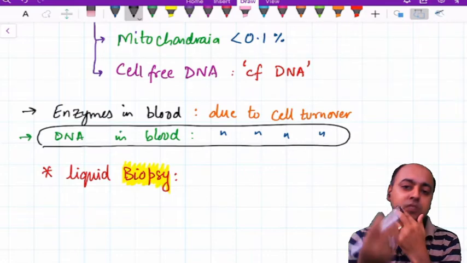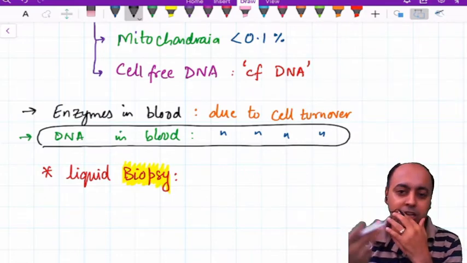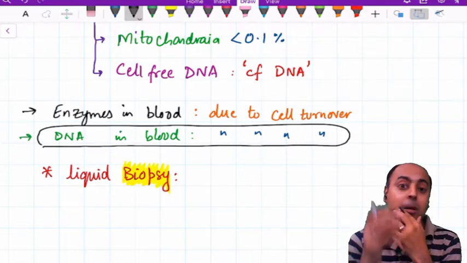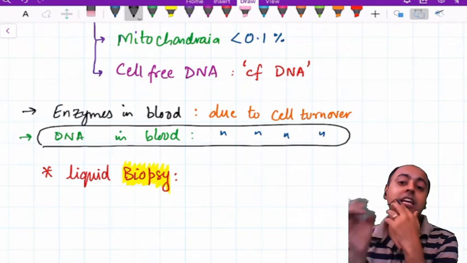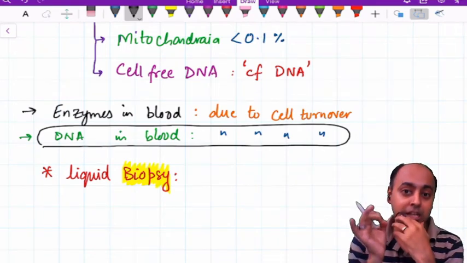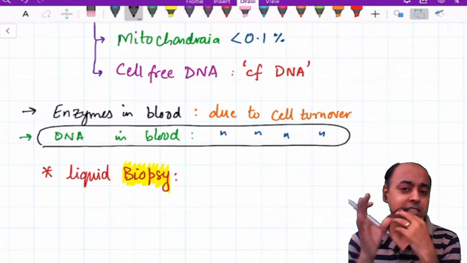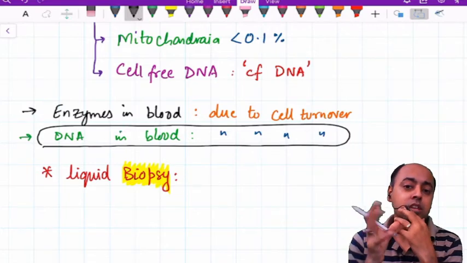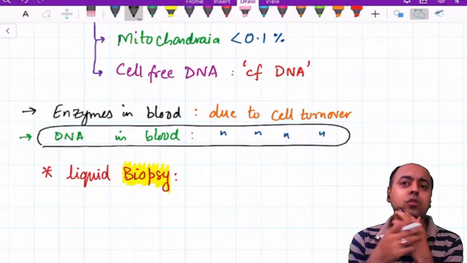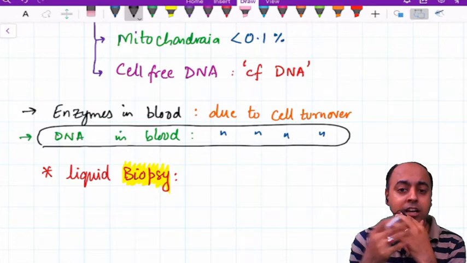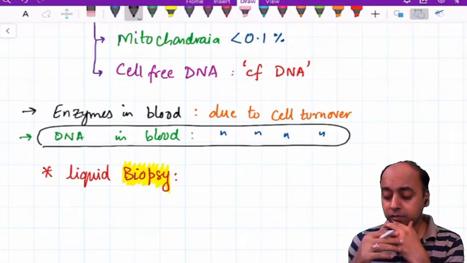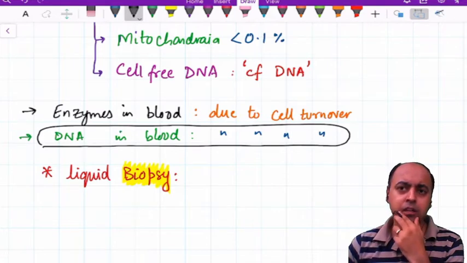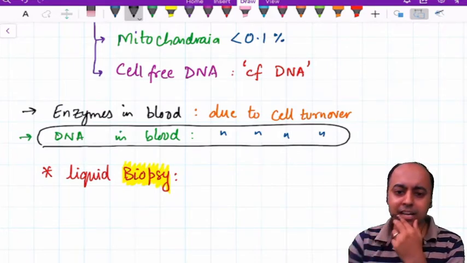Some old cells will die, new malignant cells keep dividing rapidly, and because of that, the malignant cellular DNA will also be there in the blood. Depending on the site where the growth is, we can also have an idea what type of malignancy can be there, and later on we can have the specific test for that type of malignancy.